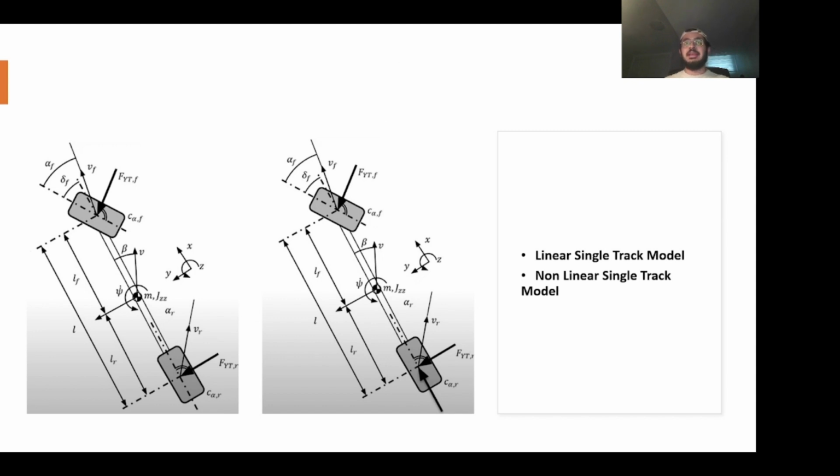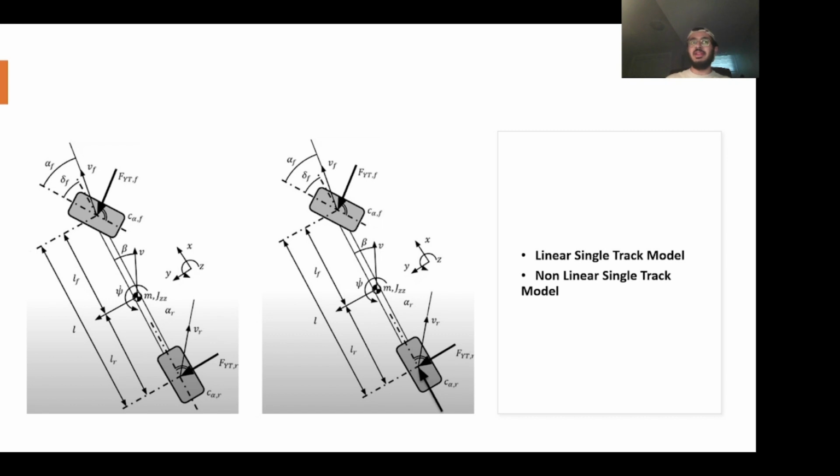Evasive maneuvers. Next is the non-linear single track model, and there are some equations which I don't think we need to go into because they are getting out of scope. The basic difference between linear and non-linear is that in linear there are fewer tire forces, and in non-linear there are more tire forces in the side slip angle, a little bit more.